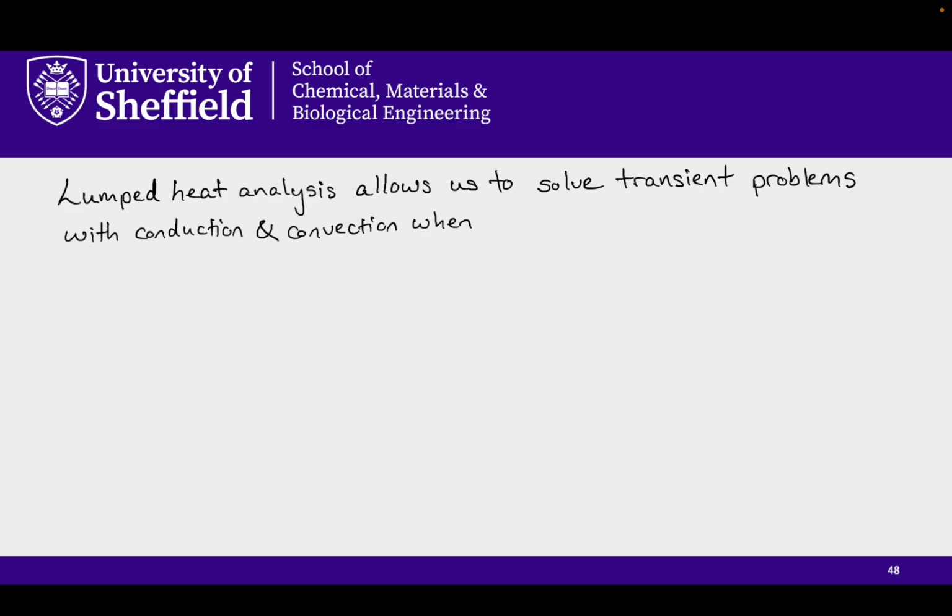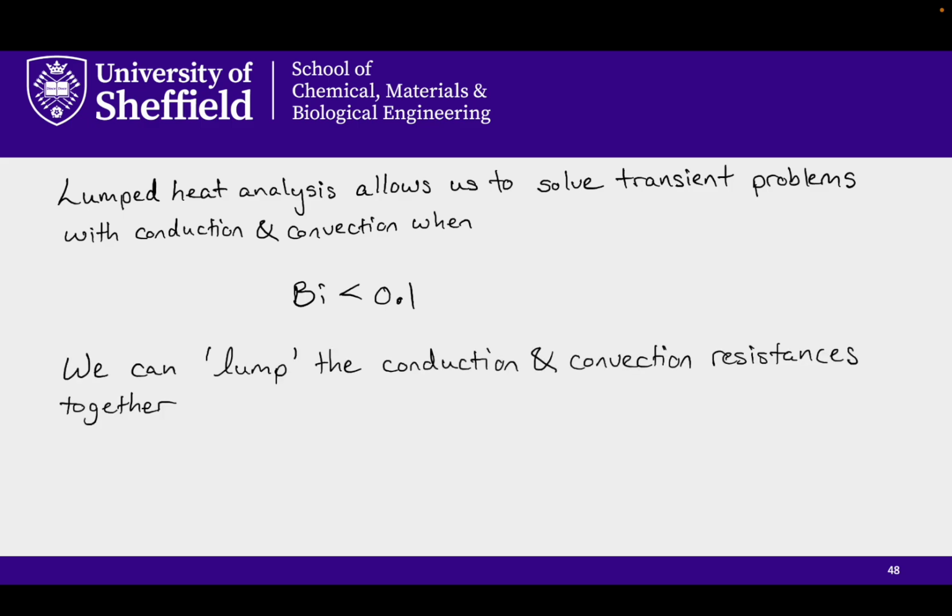Lumped heat analysis is a trick that's going to enable us to solve transient problems whenever you've got both conduction and convection, but only if we're in a very convection-limited regime corresponding to a Biot number less than 0.1. If that's the case, we can lump the conduction and convection resistances into a single heat transfer coefficient.